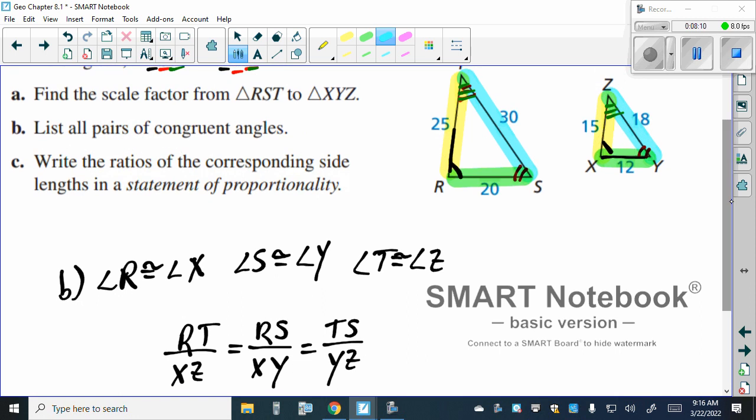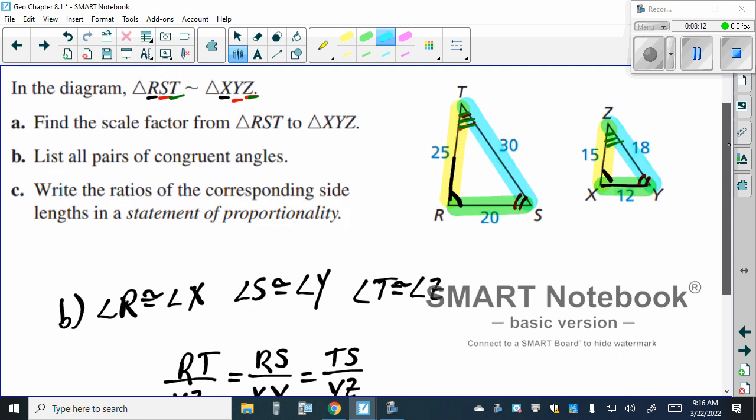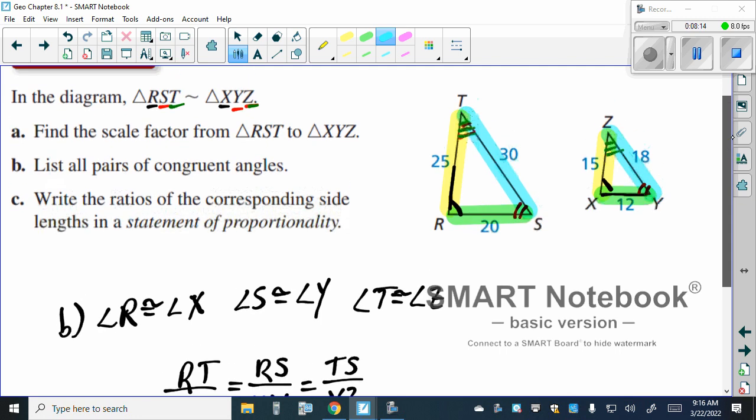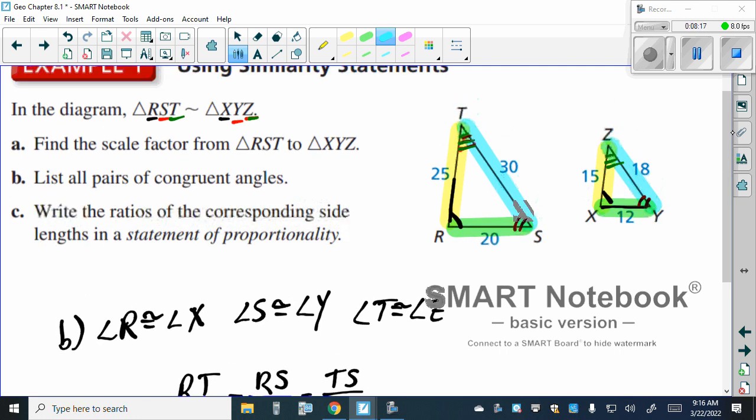Now, the only thing we haven't found is the scale factor. When we look at the scale factor, we're trying to see where we are going from and what we are going to. So we're going from RST to XYZ. Are the side lengths getting bigger or smaller?